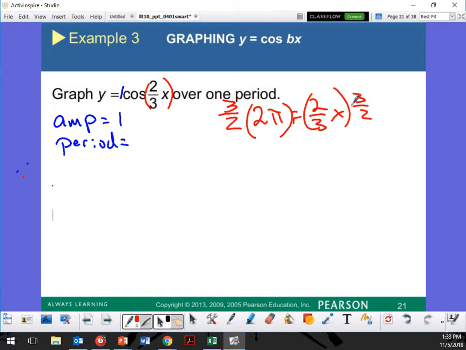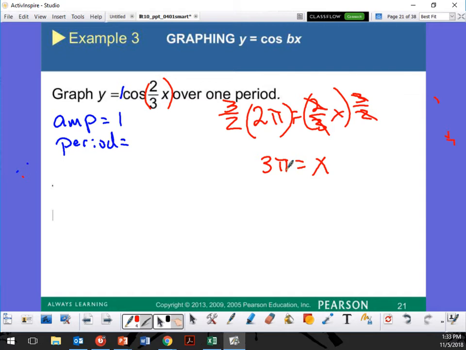Those cancel. So I get x would be equal to 3 pi. X is going to be equal to 3 pi.